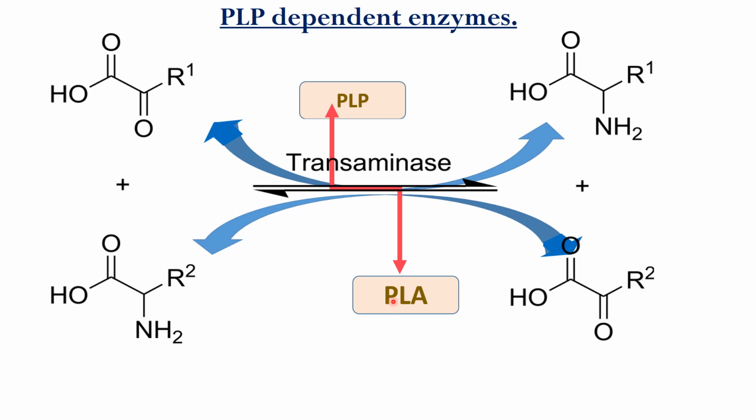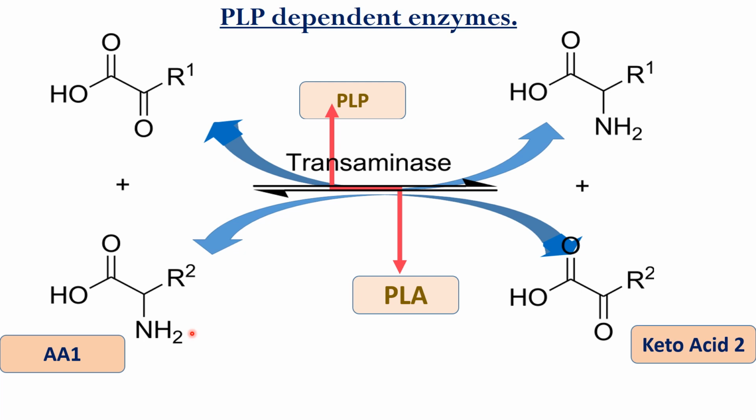Once this conversion has occurred, it is this pyridoxamine that will do the group transfers. So let us see what happens. Amino acid 1 will be converted to keto acid 2 because it will transfer its amino group to the alpha keto acid.